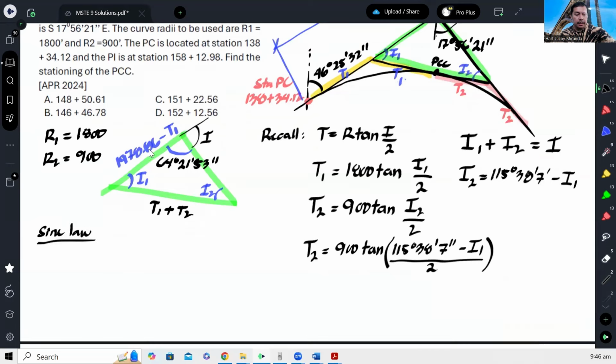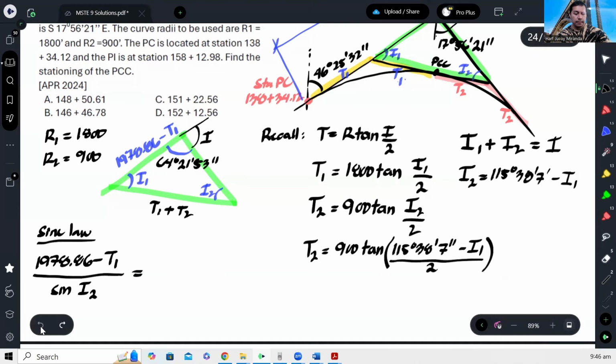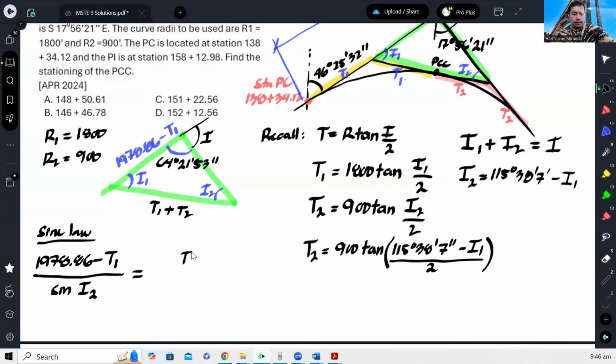Di ba? Lumalabas ito, 1978.86 minus T1 over sine of I2 is equal to, ito naman, T1 plus T2 over sine of, itong angle na to is 64 degrees, 21 minutes, 53 seconds.